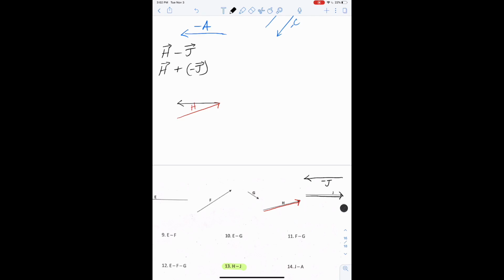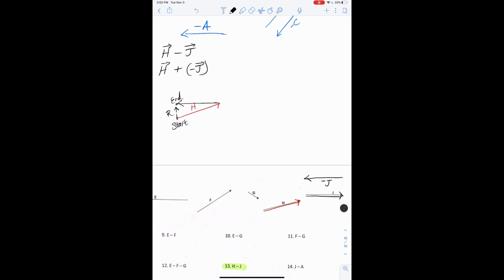Something like that. And then this will be my start. Follow the red vector, follow the black vector. This will be my end. So the resultant always points from start to end. Make sure this points. It's got to point, otherwise it's not a vector.